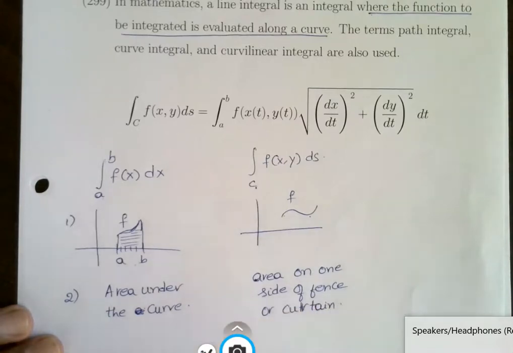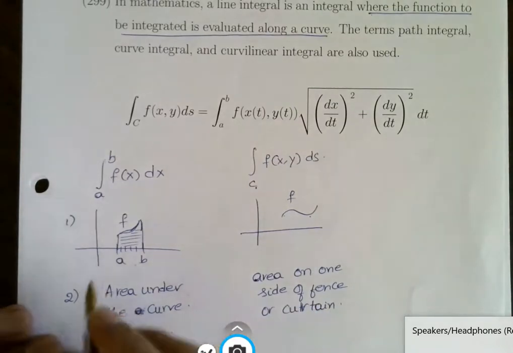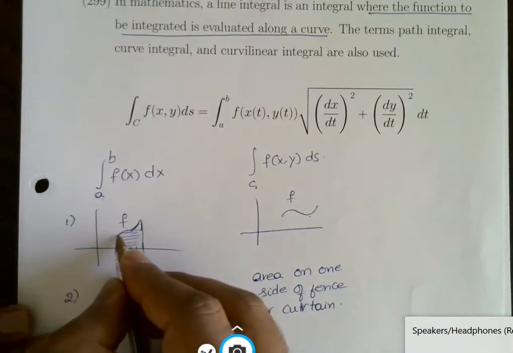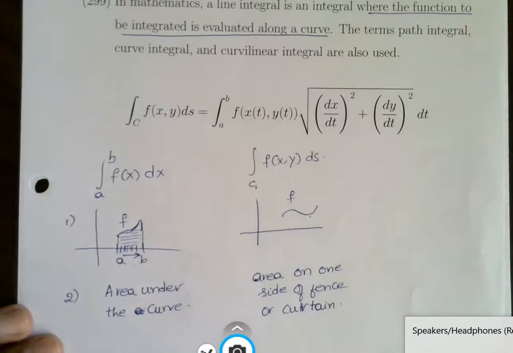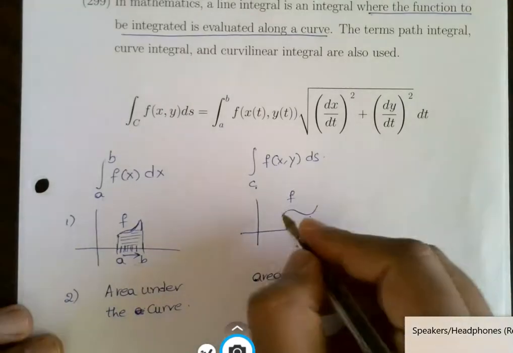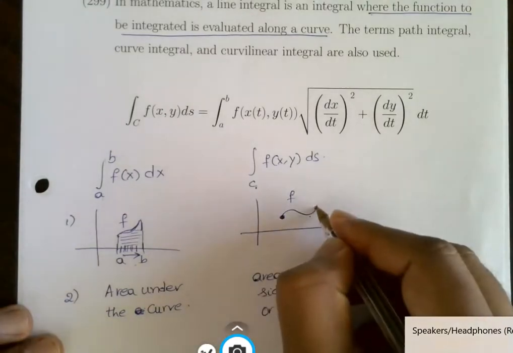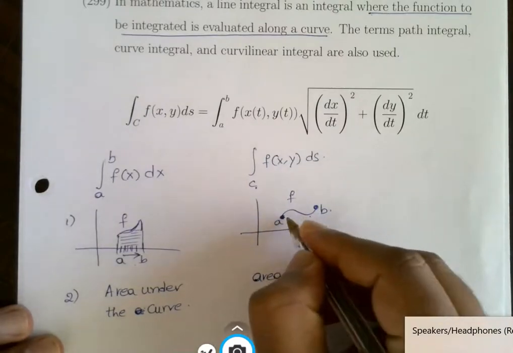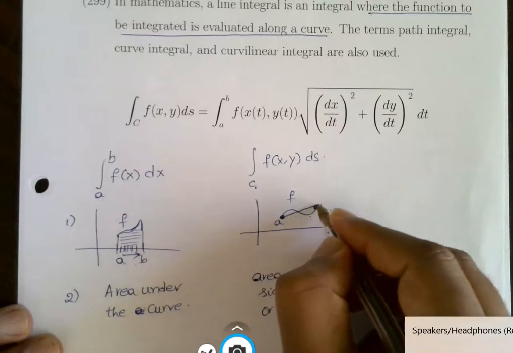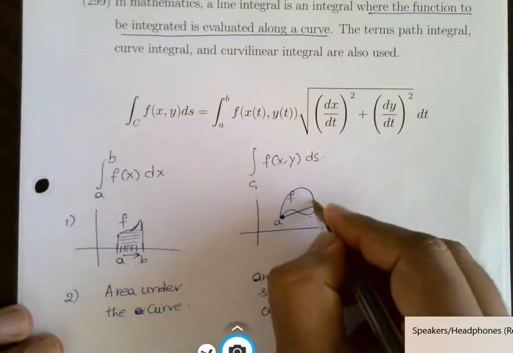Now when you evaluate A to B, there is only one way you evaluate it. You are going in the increasing direction from left to right. But let's say your curve starts at A and ends at B, you could go along the curve, or along the straight line, or along the parabola.